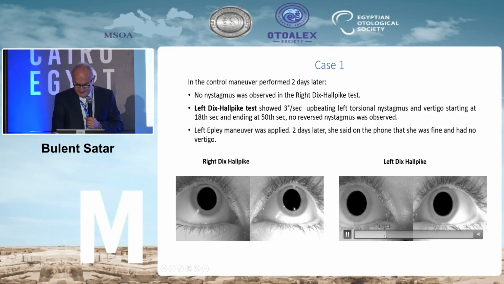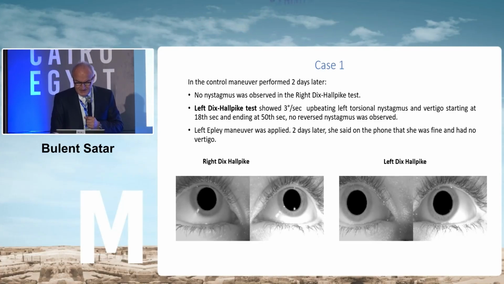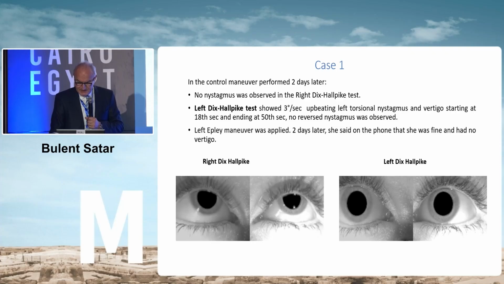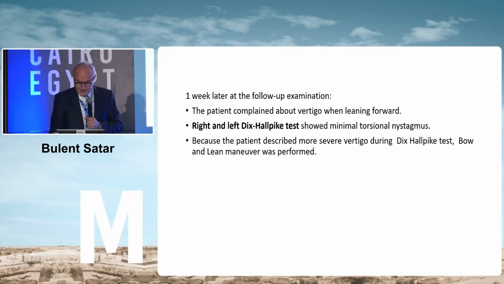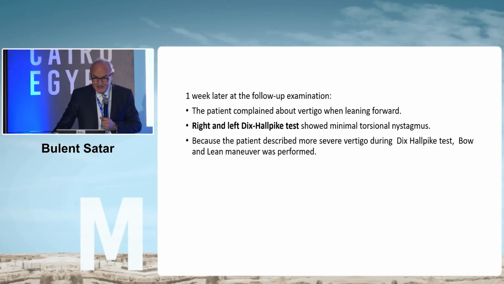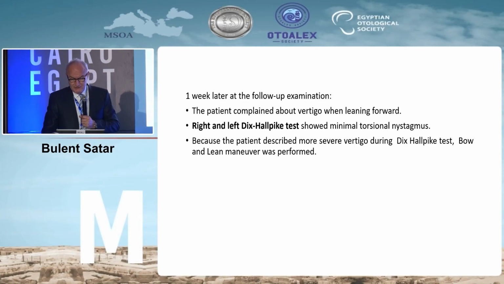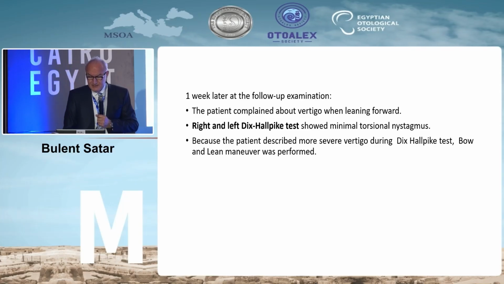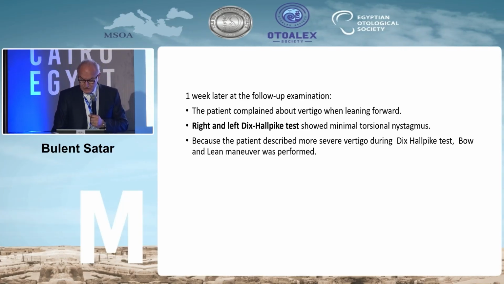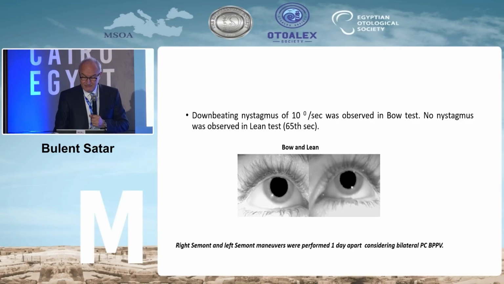Very tiny, 3 degrees. Then a left Epley maneuver was applied. One week later, Dix-Hallpike tests on both sides showed minimal torsional nystagmus, but she described more intense vertigo. Then we decided to proceed with the bow and lean maneuver.